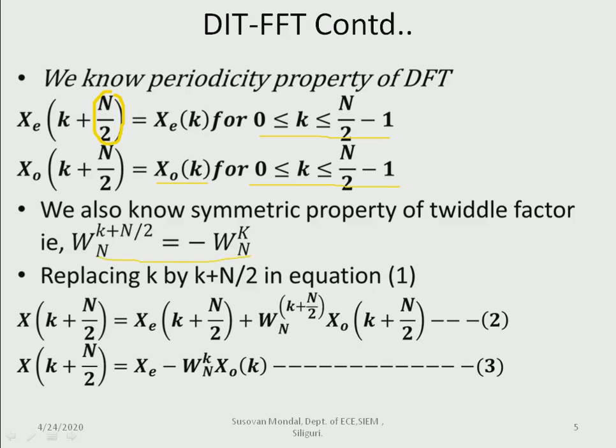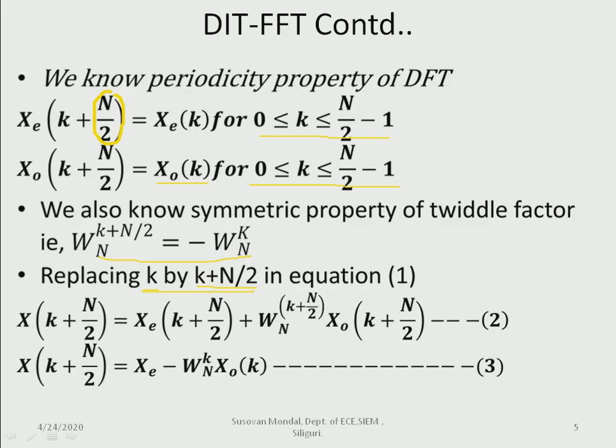Now if we replace k of equation number 1 by k plus n by 2, what we are doing basically is, in equation number 1 we are considering k from 0 to n by 2 minus 1.